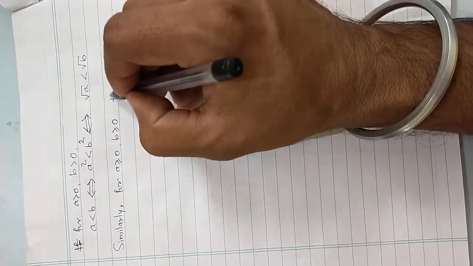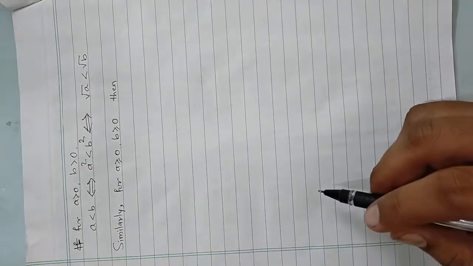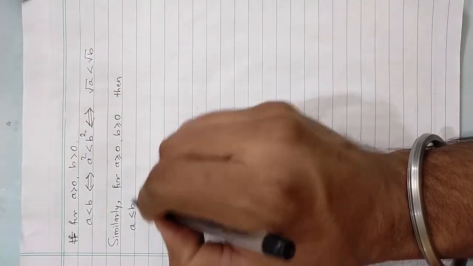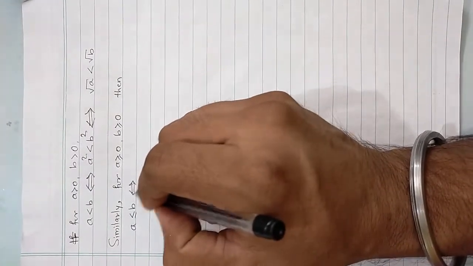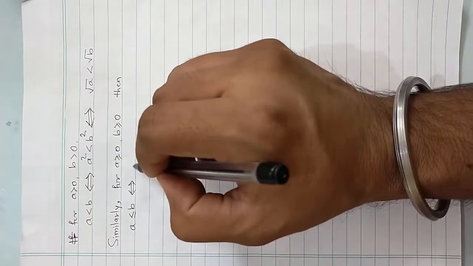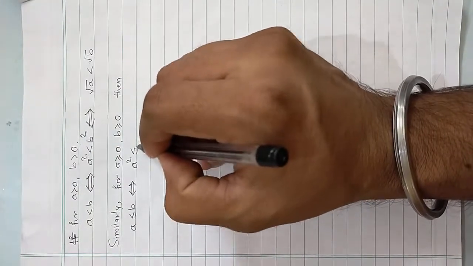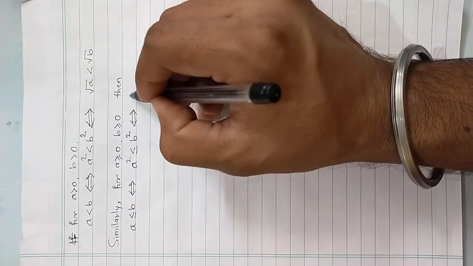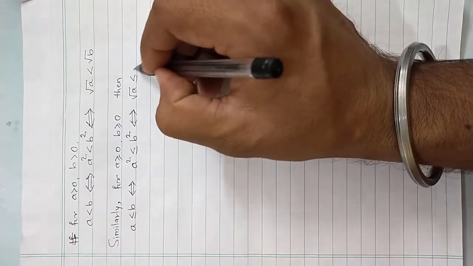Then for this loose condition of the restriction, we can have A less equal B and you can deduce it by using the above result. A square will be less equal B square. This will also imply square root of A less equal square root of B.